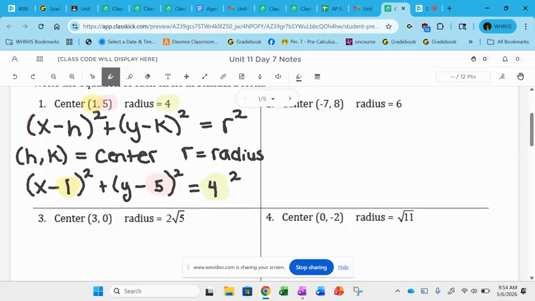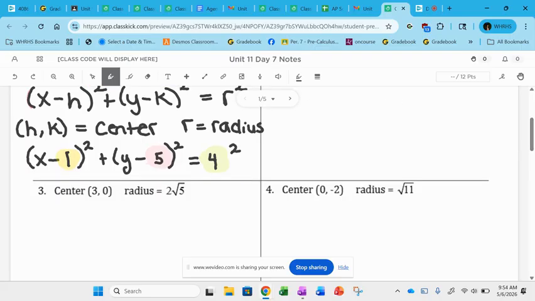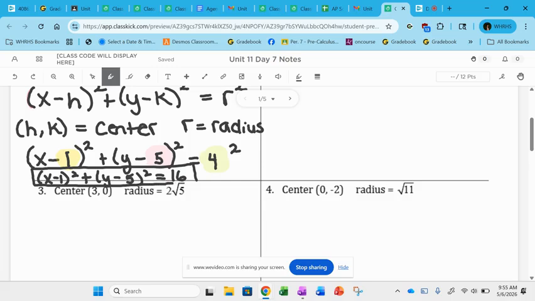The only thing we have to do now is square that 4. So it's going to be x minus 1 quantity squared plus y minus 5 quantity squared equals 16. And that is the equation of our circle in standard form.